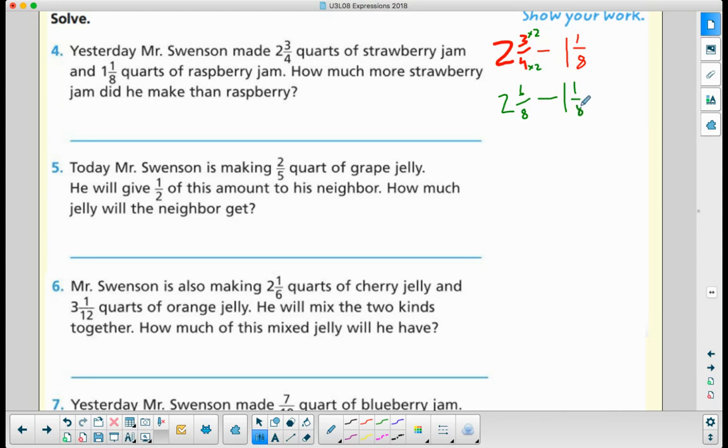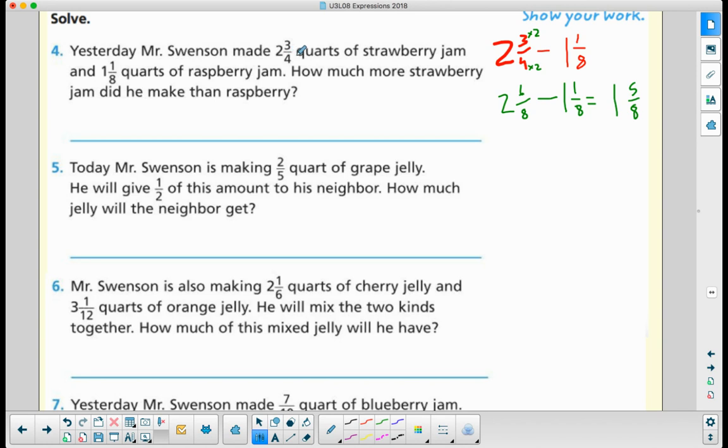And now I can just subtract out. 2 6/8, taking away 1/8 would be 5/8 left. Take away a whole is 1 5/8. Now, if I had done this on paper, which I did ahead of time because that's being responsible, I would have drawn a diagram.